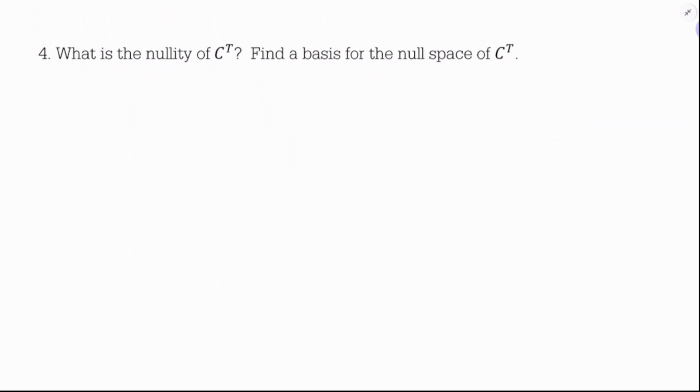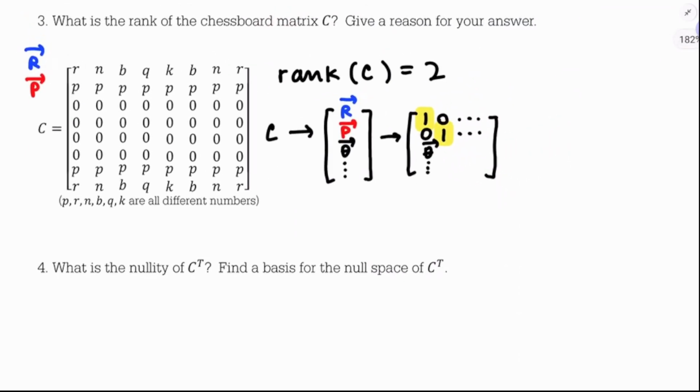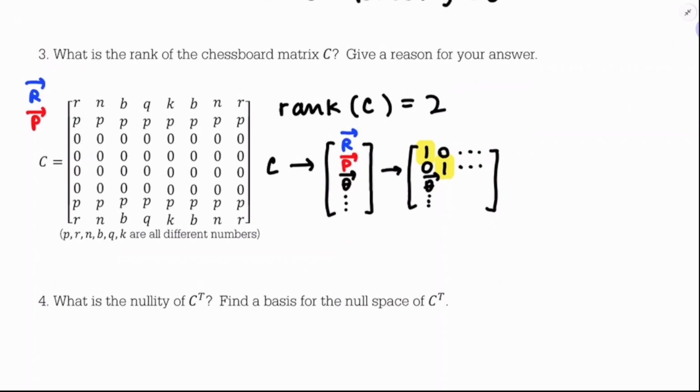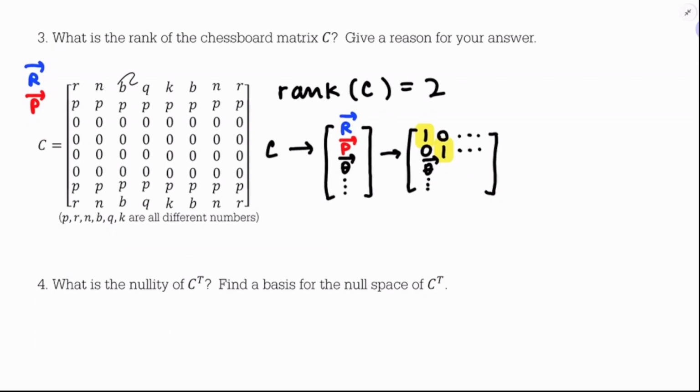Okay, what is the nullity of C transpose? Well, if I know that the rank of C is 2 and C is an 8 by 8, right? 1, 2, 3, 4, 5, 6, 7, 8. Yeah, it's an 8 by 8. Okay, so that means the nullity of C, I guess the nullity of C is not exactly going to be relevant right here.